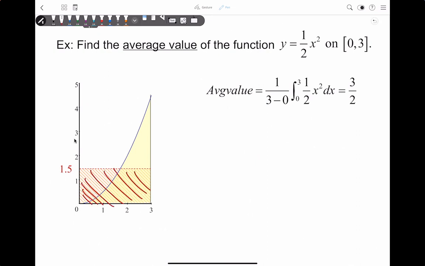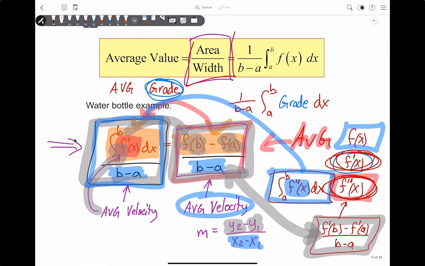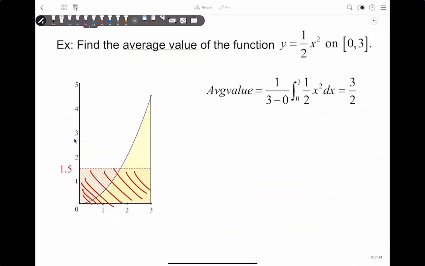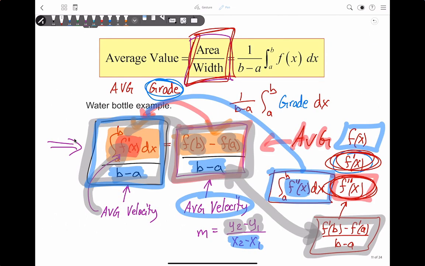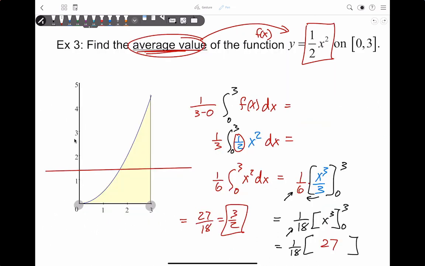That right here is the same as this part right here. Area divided by width is in picture form right there. And it's equivalent to the area underneath the curve divided by the jump, divided by that delta x of the high minus low.